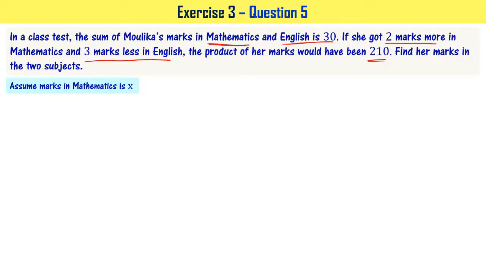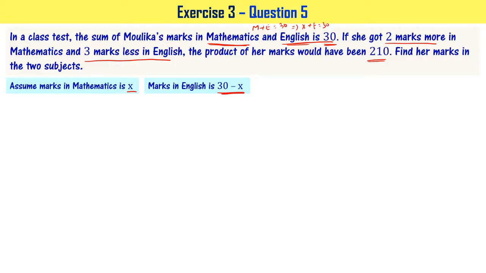Mathematics plus English equal to 30, and maths is x. It means the mark she could have gotten in English is 30 minus x, right? If maths is x, English is going to be 30 minus x because their sum is 30. Got it?